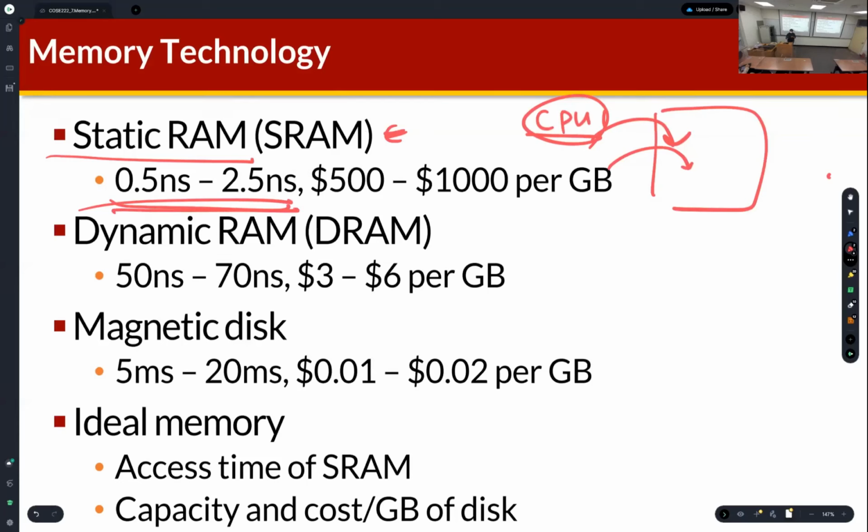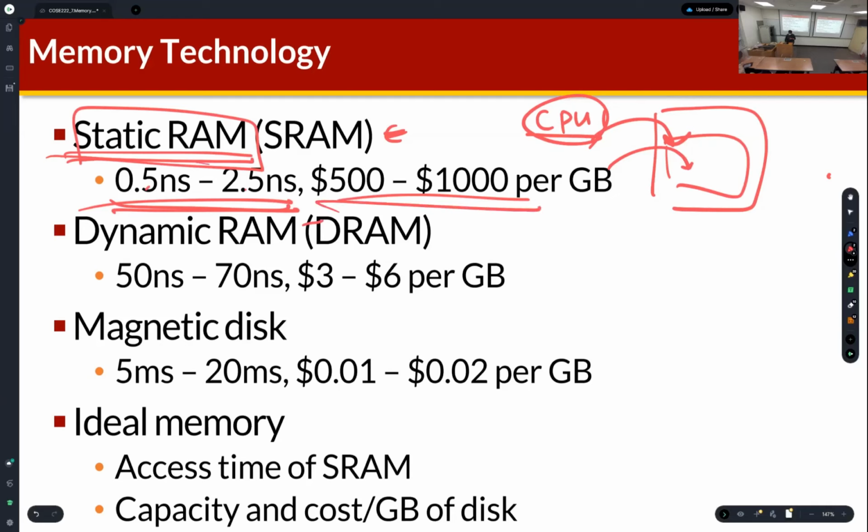These numbers represent the access latency, so it takes 0.5 nanosecond to 2.5 nanoseconds to access SRAM. So SRAM is very fast, but SRAM is also expensive. Since it is included in our CPU chip, the size is also small. SRAM is the best memory, but it's expensive.